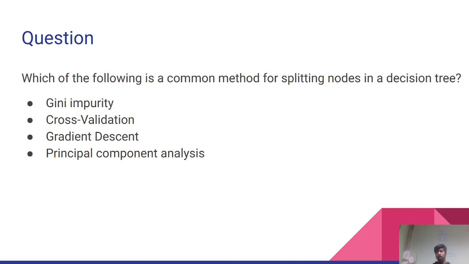Suppose you have multiple variables and a label, and at some point you have a Gini impurity of some value.